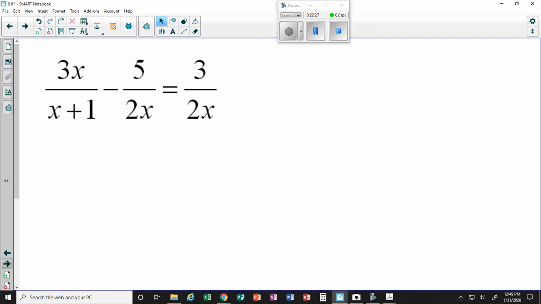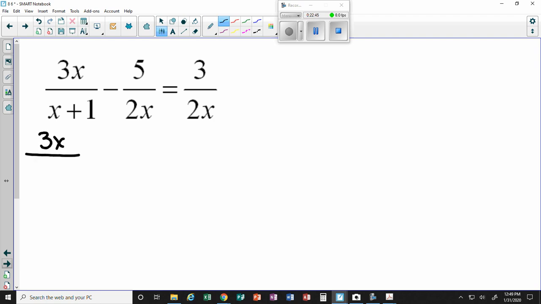Now, if you wanted, yeah, you could add and cross multiply, or what's the common denominator here? 2x and the other one is x plus 1, right? There's nothing in common, so what you're going to do is multiply by both of those.